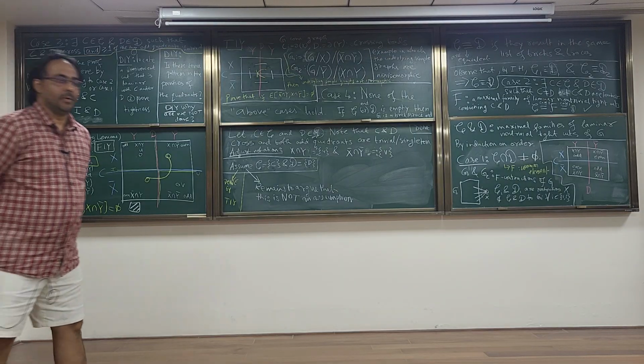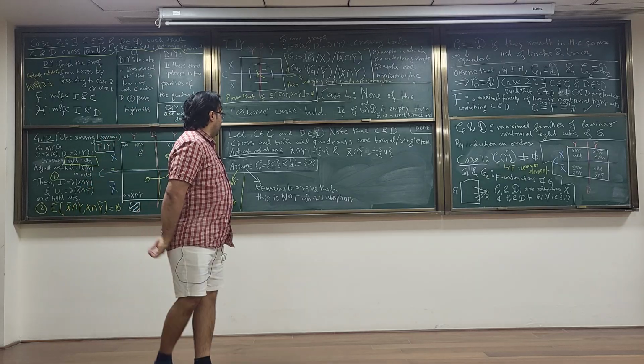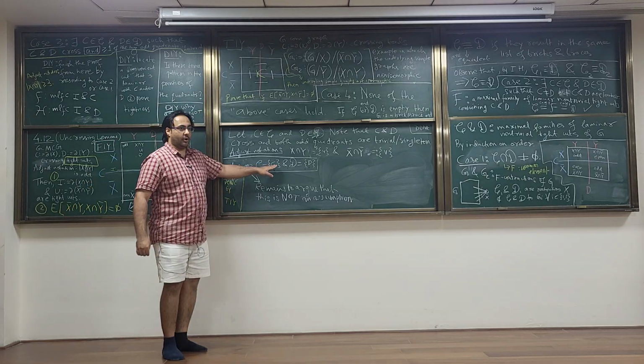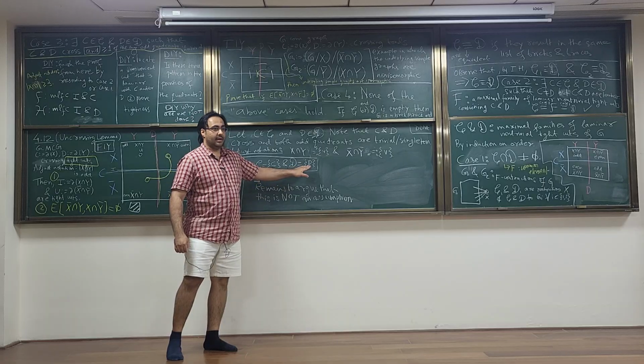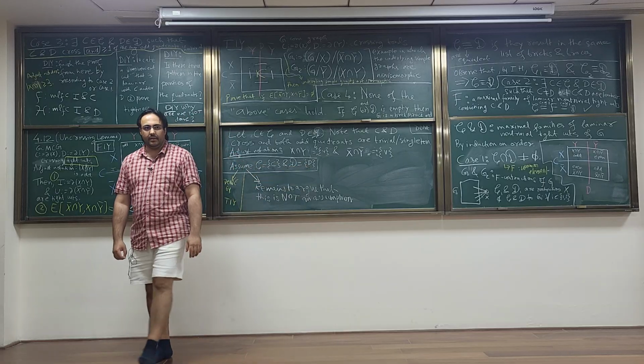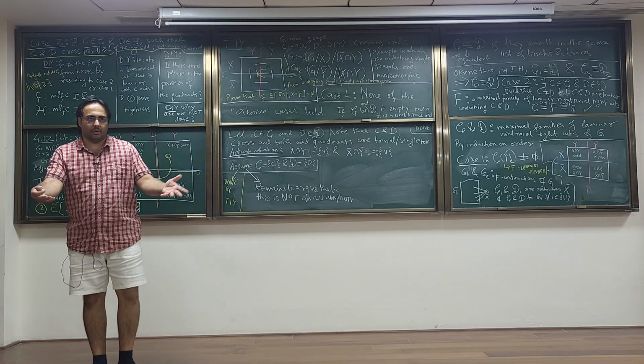Okay. Supposing it is not true that script C is a single cut containing C and script D is a single cut containing D. Well, that means one of them has one more cut.